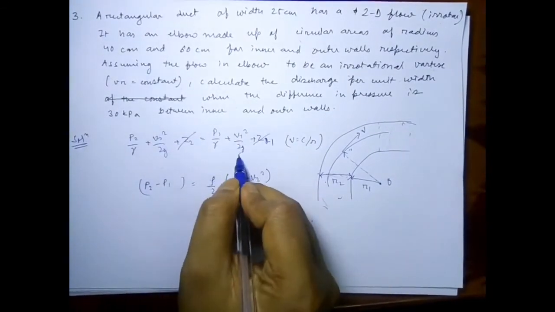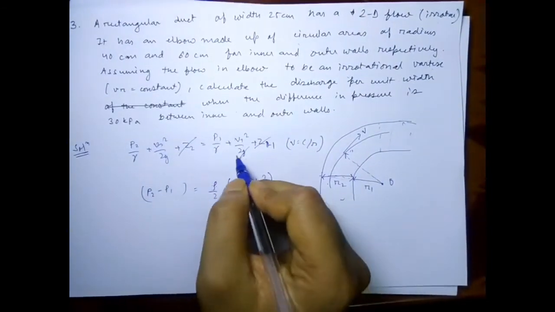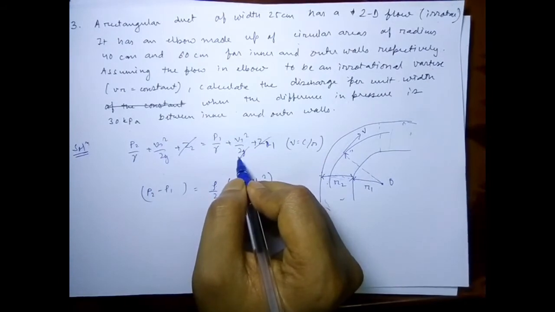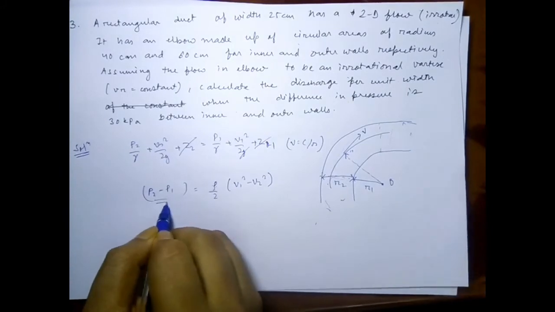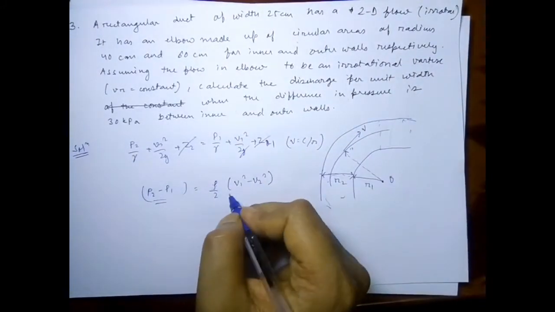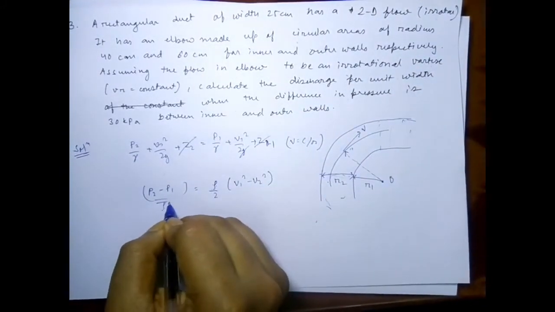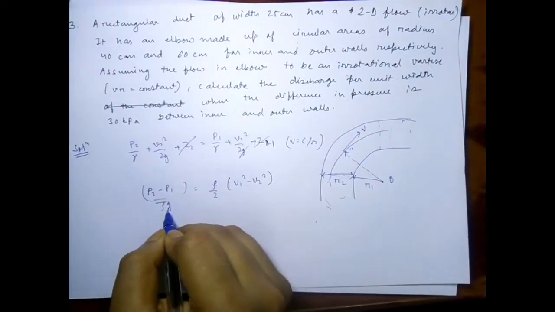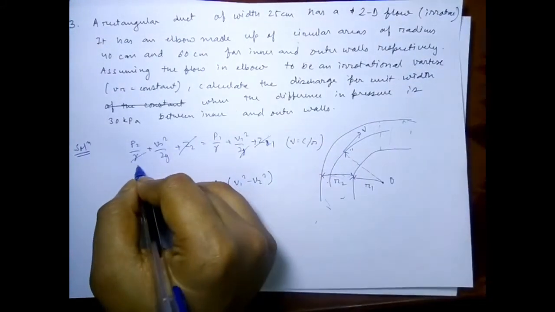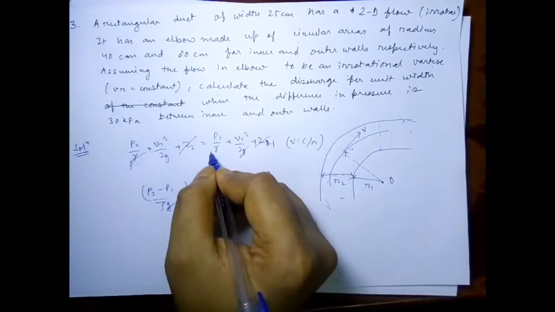So just by eliminating the G from both the sides and keeping P2 minus P1 on one side, gamma can be written as rho G, and I will be eliminating all this G. This can be written as rho.